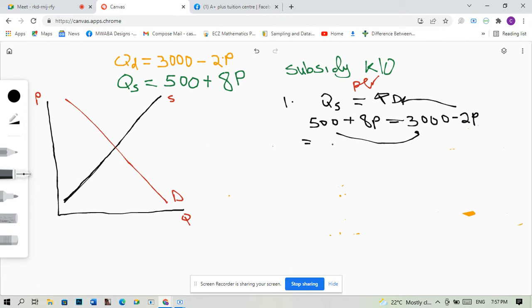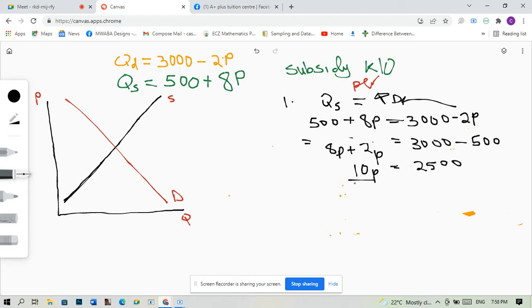So we say 8P plus 2P equals 3000 minus 500. 8P plus 2P, that's 10P. 3000 minus 500, we get 2500.